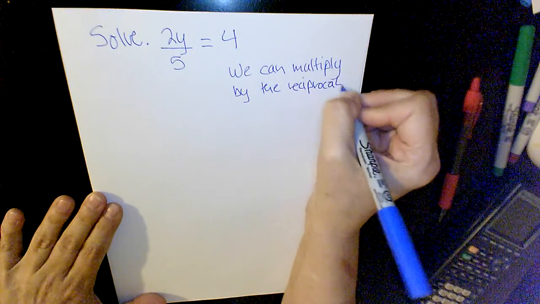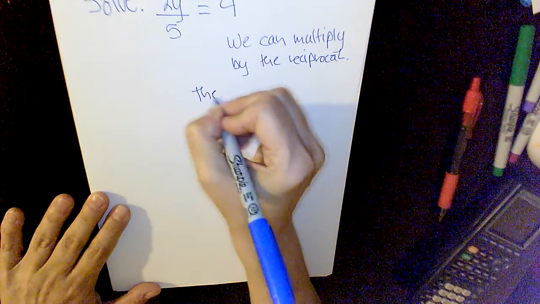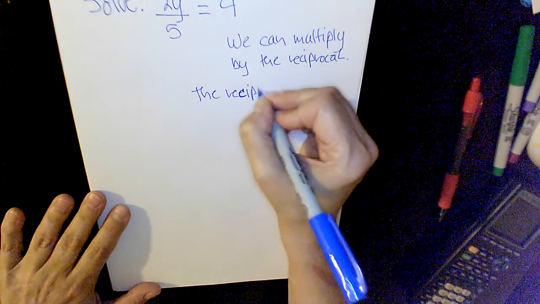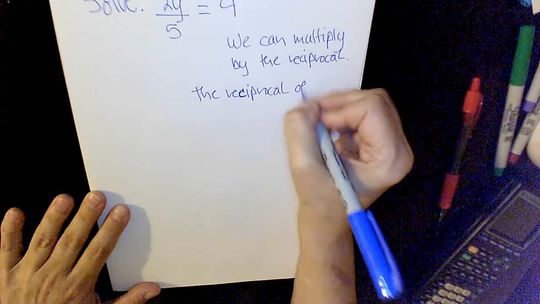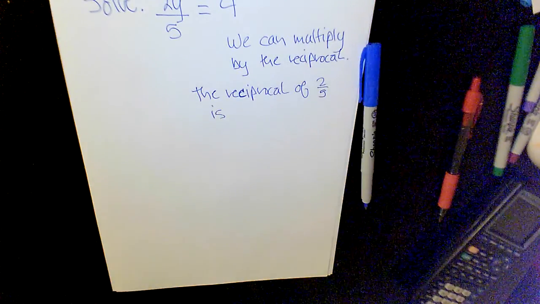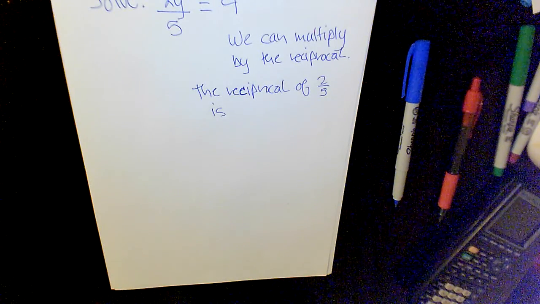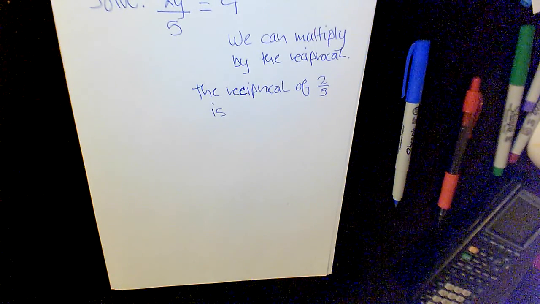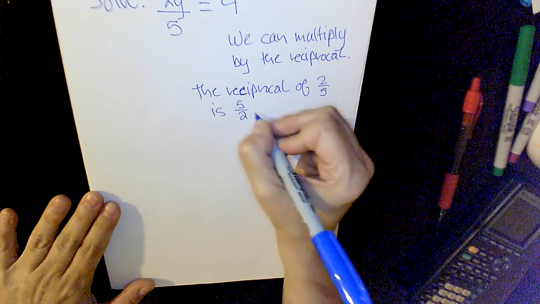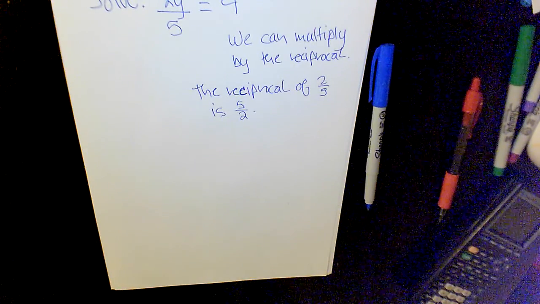And do we remember what the reciprocal is? The reciprocal of 2/5 is, do we know? Well, 2/5, the reciprocal is 5/2. We're just flipping the 2/5 and getting 5/2.